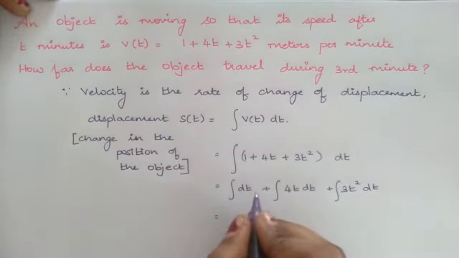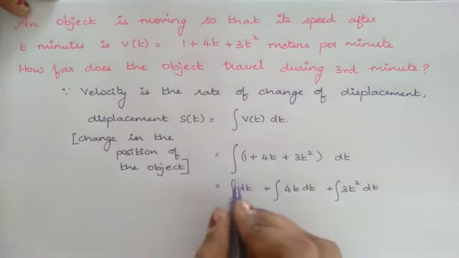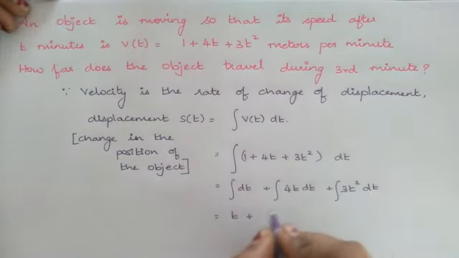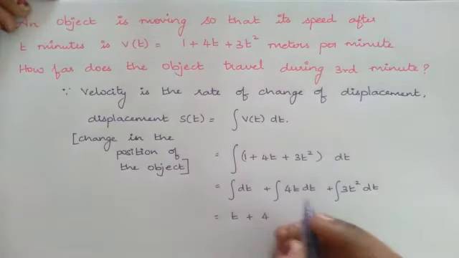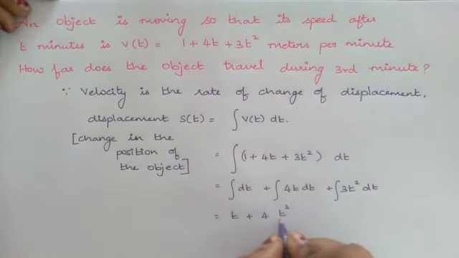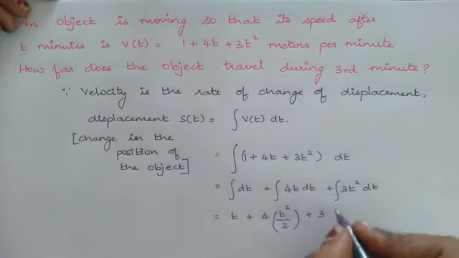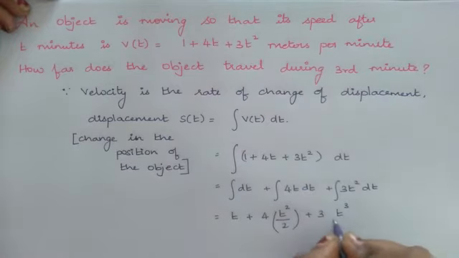Integral dt means integral t power 0 dt, so when we integrate it, it will be just t. Plus 4 into integral t dt; the coefficient 4 stays as it is, and integral t dt will be t squared by 2. Plus 3 into integral t squared dt will become t cubed by 3, plus the integral constant c.